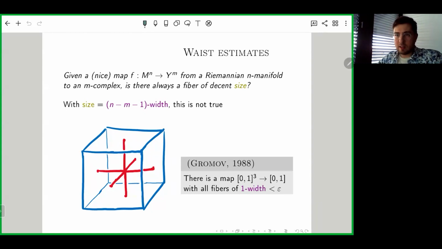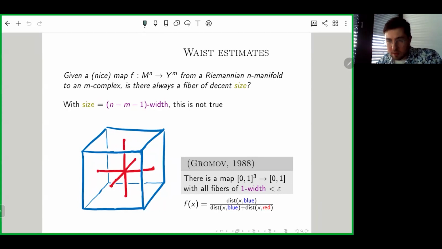You should, in your head, translate this picture by the lattice Z3 and imagine the periodic picture, but I only draw what happens inside the unit cube. Okay, so I want to slice everything by a one-dimensional family of surfaces of small one-width. That's my goal to show this proposition.